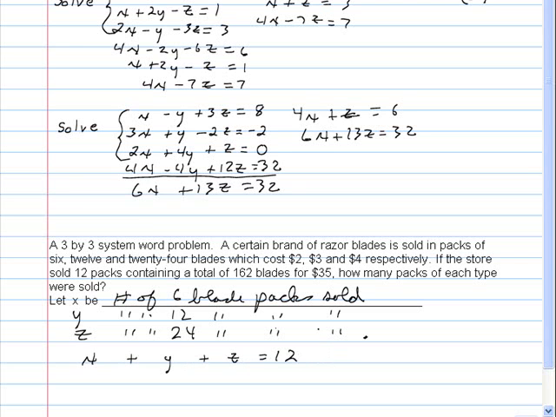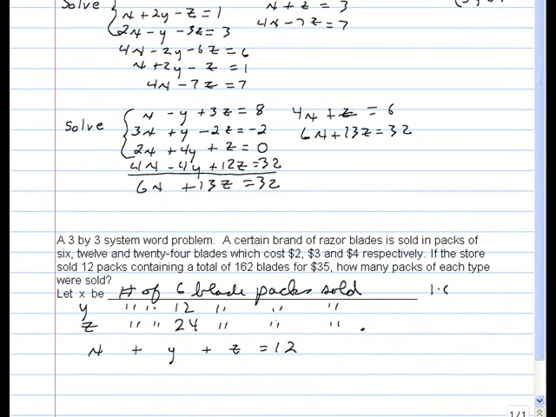Now the second equation deals with numbers of blades. Suppose I sell one 6-pack, then I would be selling 1 times 6, or 6 blades. Suppose I'd sold 2 6-packs, then I would be selling 2 times 6, or 12 blades.